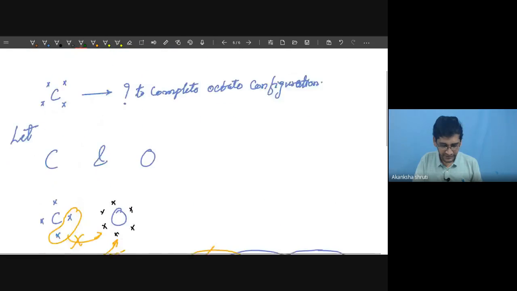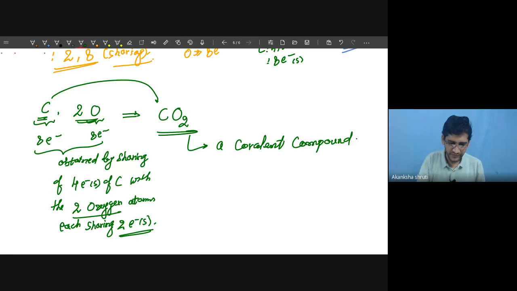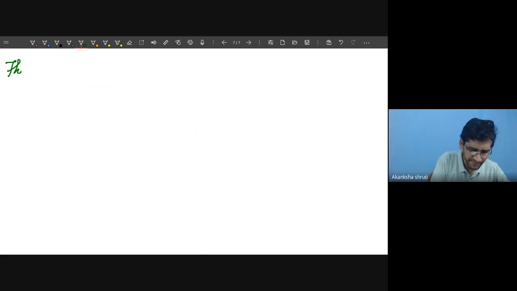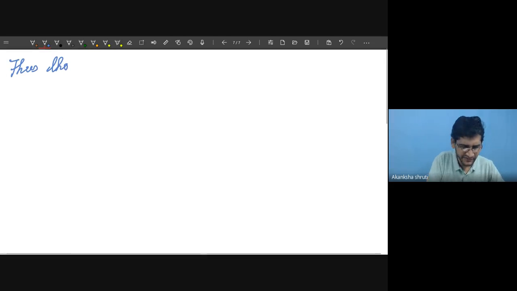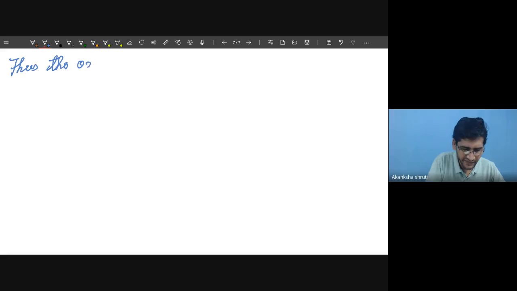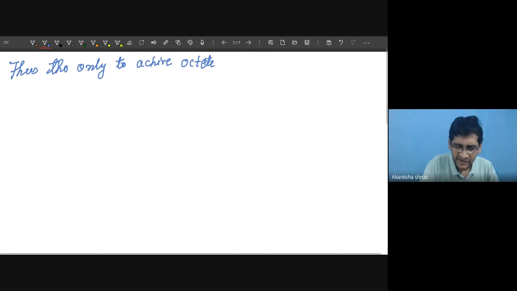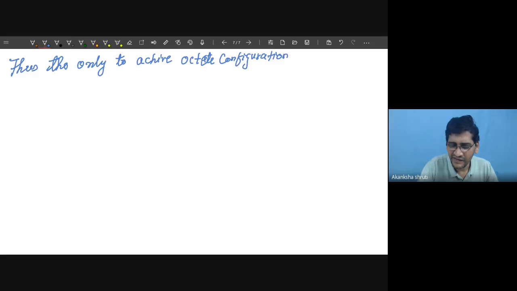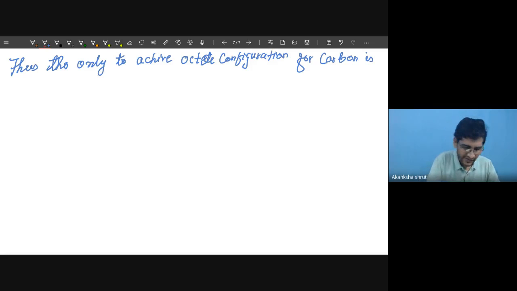Are we getting? So write that point. Thus, the only way to achieve octet configuration for carbon is by sharing of electrons.